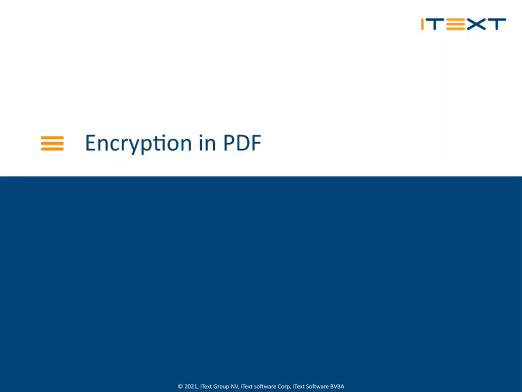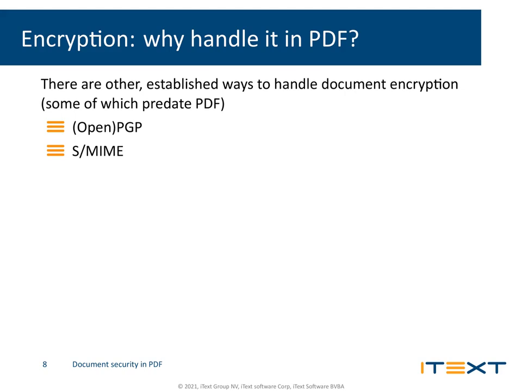The first aspect that I want to discuss in more detail is encryption in PDF. As the commonly heard mantra says, you should never roll your own crypto. So as a responsible developer, the first question you should ask here is, why should I even handle it in PDF? There are other more established ways to handle document encryption, and some of these actually predate the PDF standard.